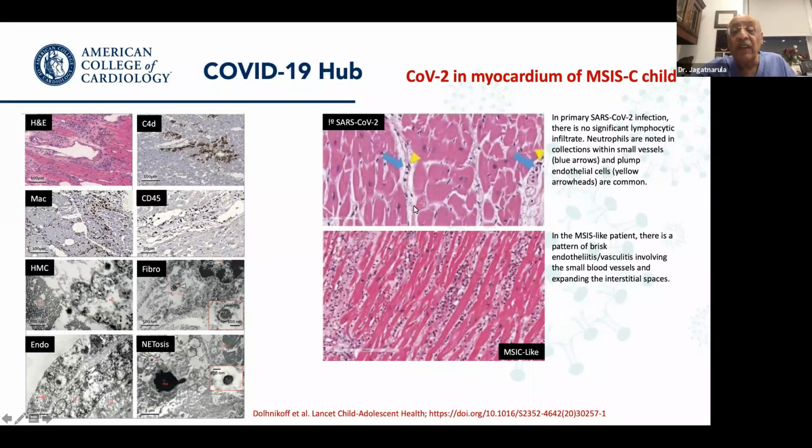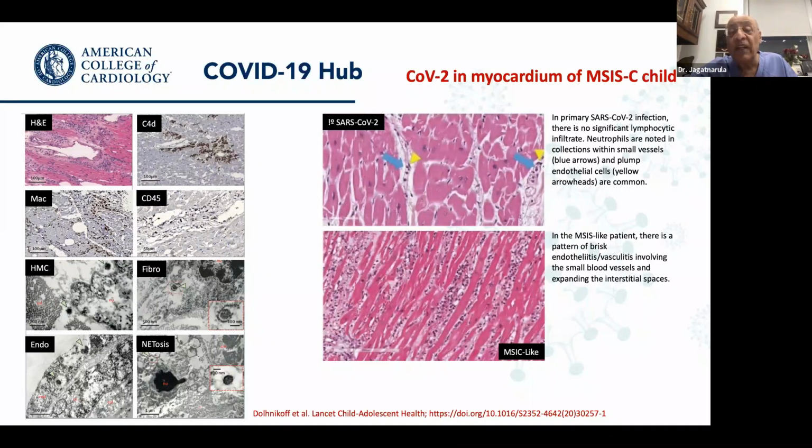Now, the difference between the affliction during the acute infection versus during the MIS-C is that you see way more vascular involvement, a vasculitis type of picture or endotheliitis type of picture, when there is a multisystem inflammatory syndrome as compared to the acute infection.